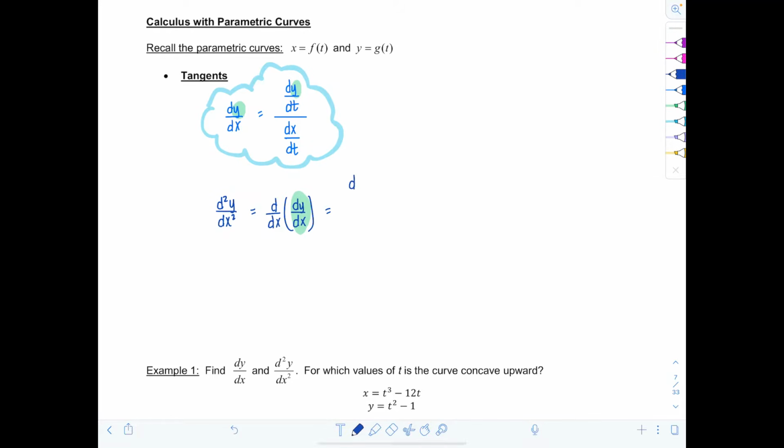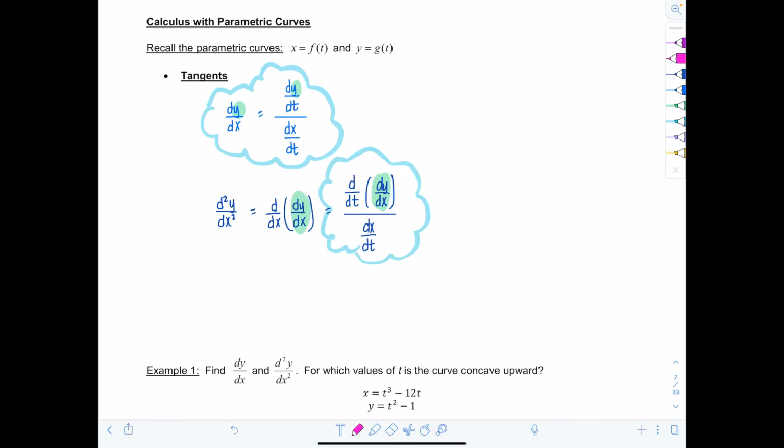I have the derivative with respect to t of dy/dx, the first derivative. Let me color code everything for you. And then I divide this by dx/dt.